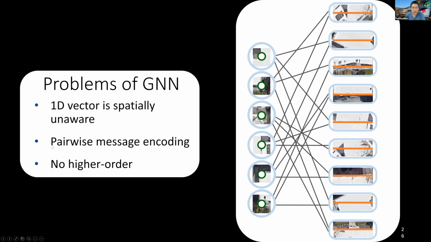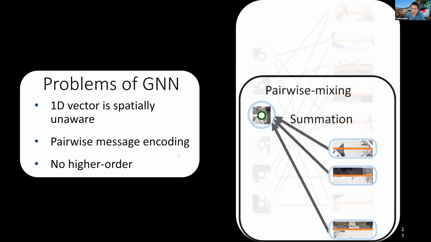And a few more other issues of GNN. Typically, the message passing by GNN is pairwise and doesn't have higher order reasoning. Let's say we take this feature vector in GNN, and these are the connected neighbors. So we use these feature vectors to update this feature vector in GNN.